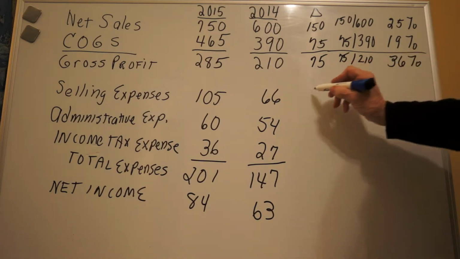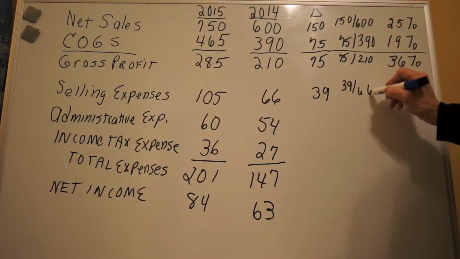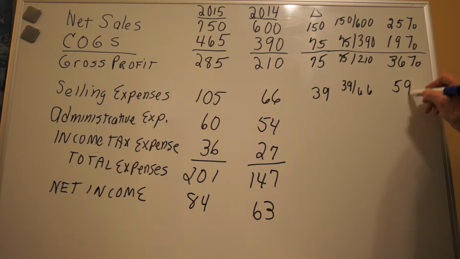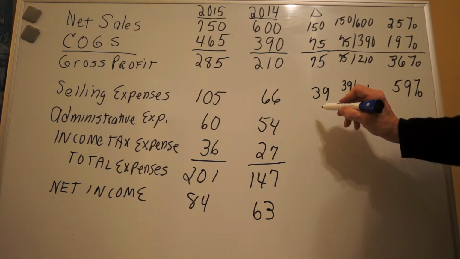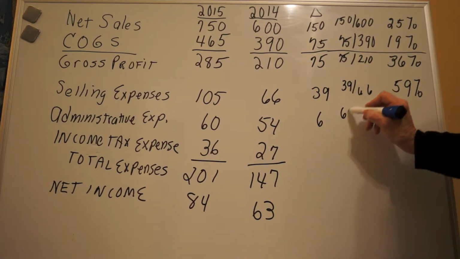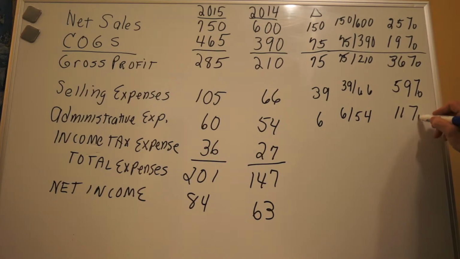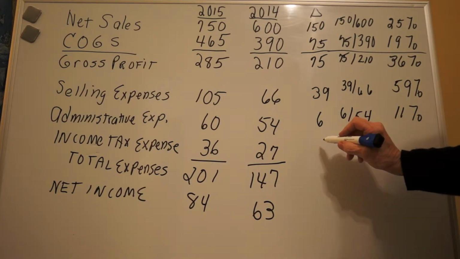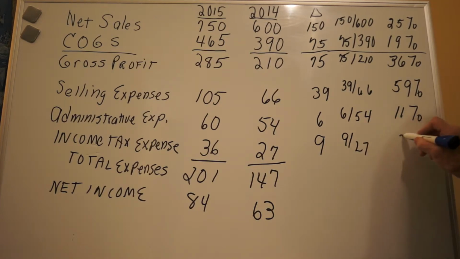Then we come down to our various expenses, and you can see where this would be handy in analyzing them. We have a 39 change, 39 divided by the 66, 59% increase in our selling expenses. The change here is 6 divided by the 54 gives us 11%. And here we have a change of 9 divided by 27 gives 33%.